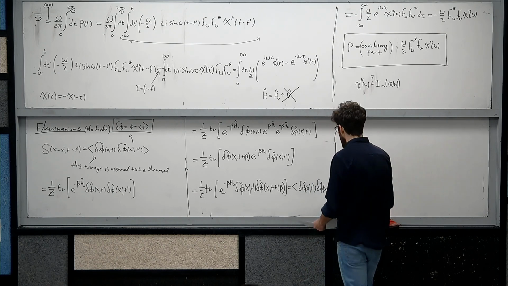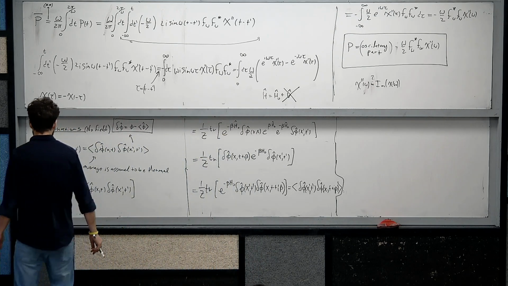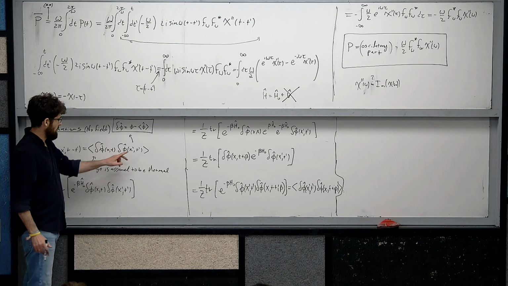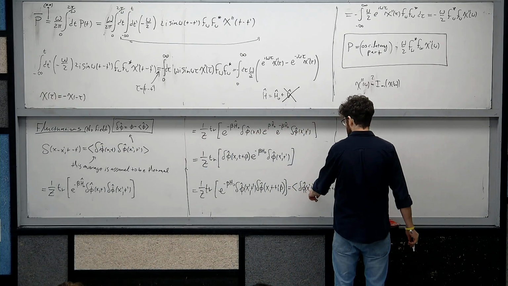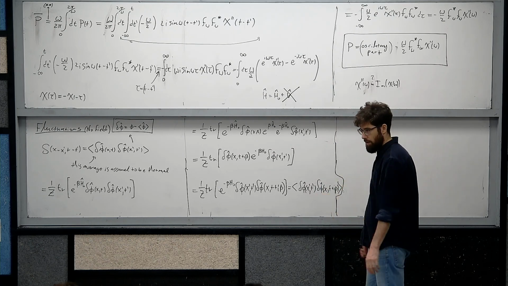So what this is telling me is that the expectation value of x and t and then x prime and t prime is related to the expectation value of x prime, t prime, and x and t with this shift of I beta.